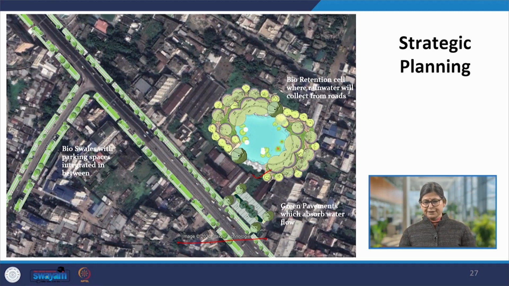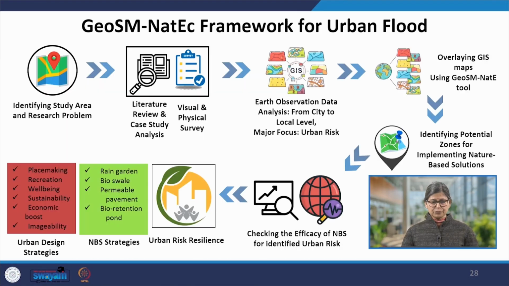So this is the way the strategic planning we had proposed in that particular ENACT project, which is based on not only Geosm-Natec, but also Geosm-Natec is having a very strong community partnership, and there we have talked about it. So as yesterday we have discussed in this Geosm-Natec framework, first we try to understand the area, study area, and the problem itself tried to be understood from the literature and the survey.